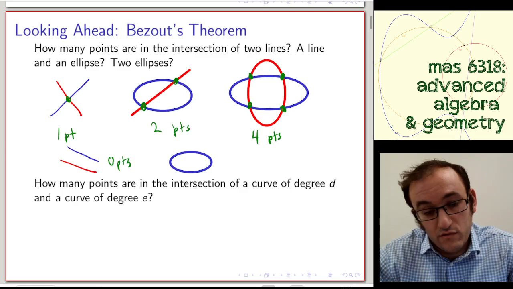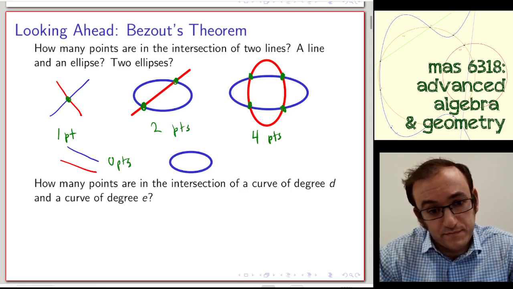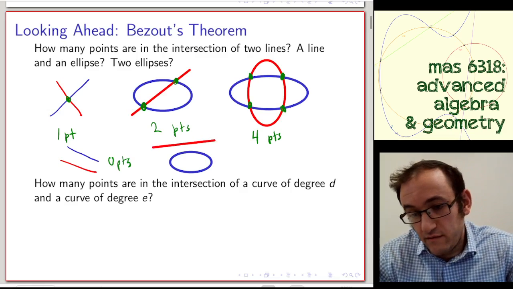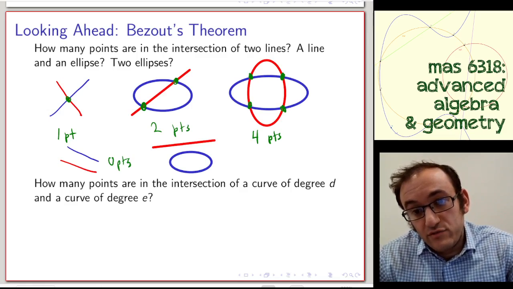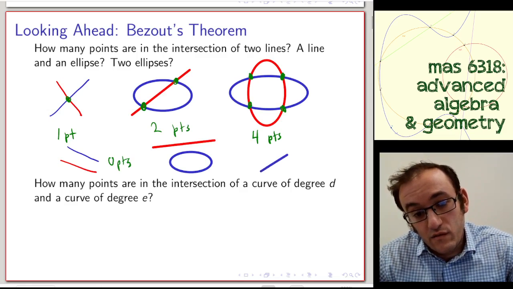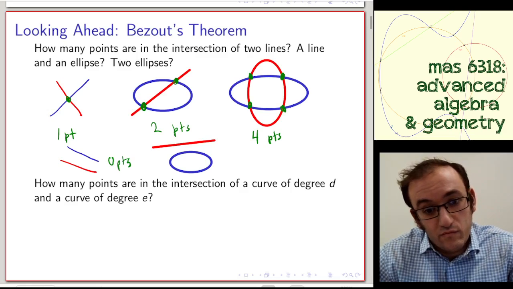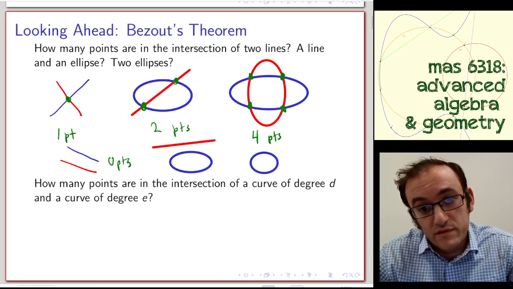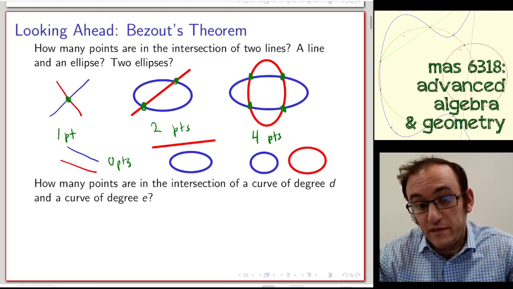So this line does not intersect the ellipse. Similarly, you could have 2 ellipses that are non-intersecting. Here's one ellipse and another ellipse, and never the twain shall meet.